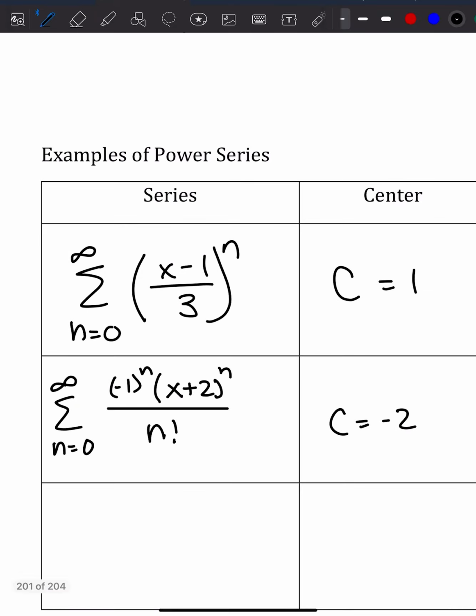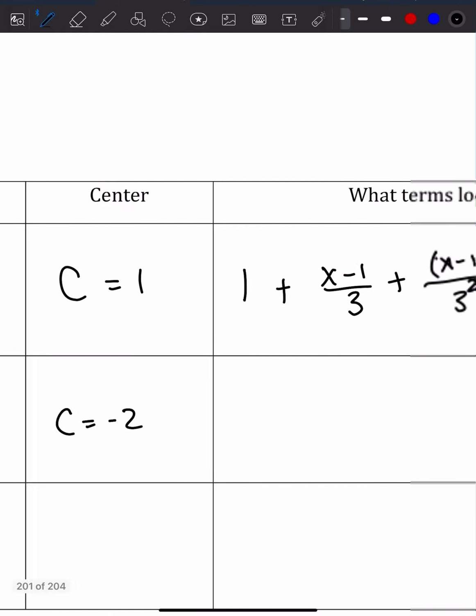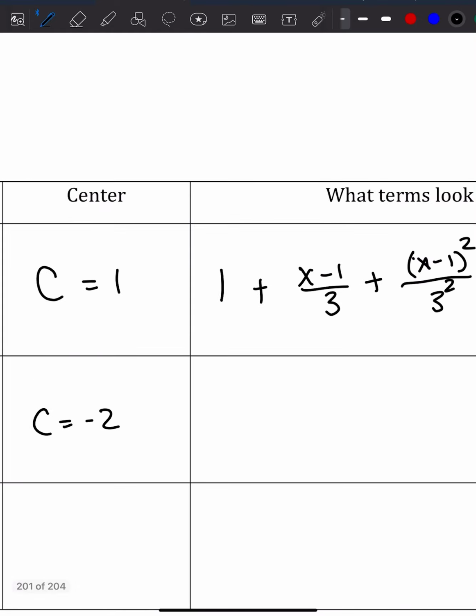We're going to be plugging it in. I know that's going to be an alternating series because of negative 1 to the n power. If I plug in 0, my first term is going to be positive because negative 1 to the 0 power is 1. So I have x plus 2 to the 0 power divided by 0 factorial. 0 factorial is like something raised to the 0 power, so it's just going to be 1. So our first term is 1. When I change n to 1, I'm going to have a negative instead.